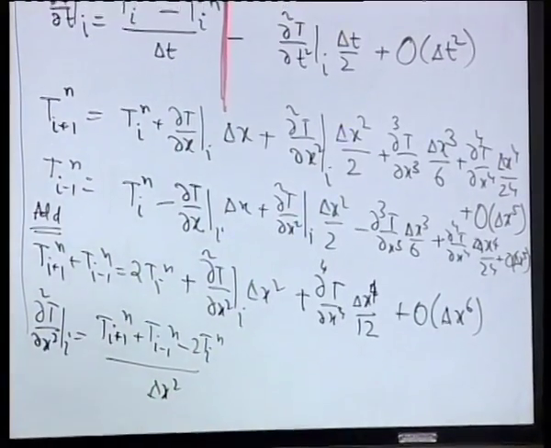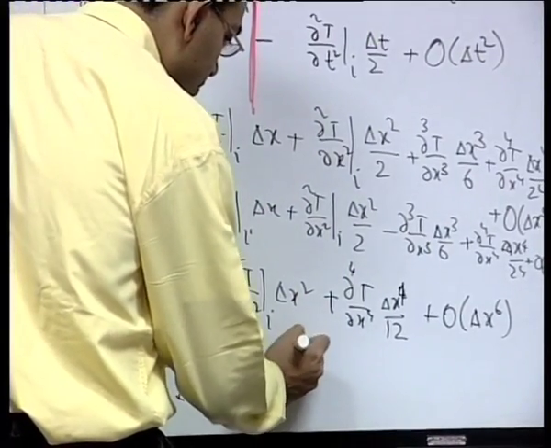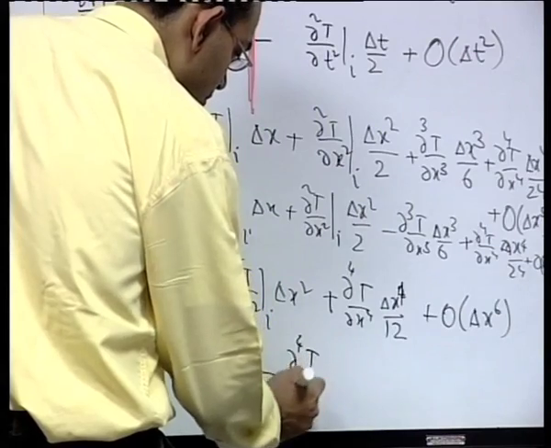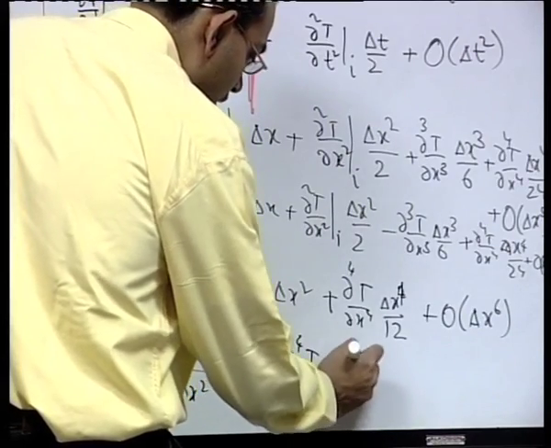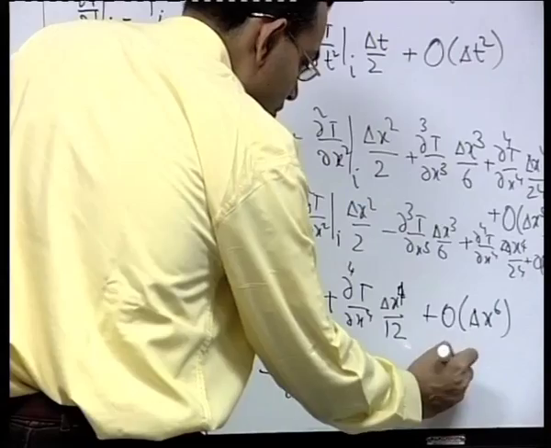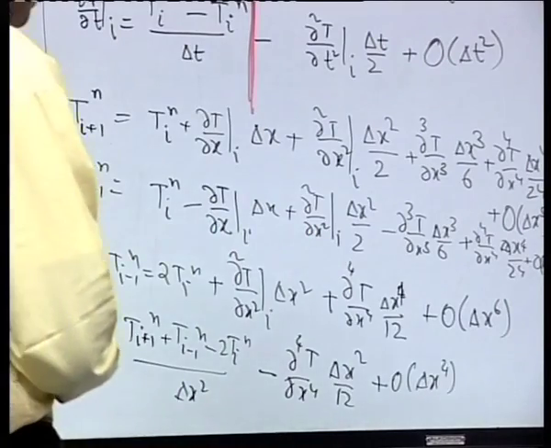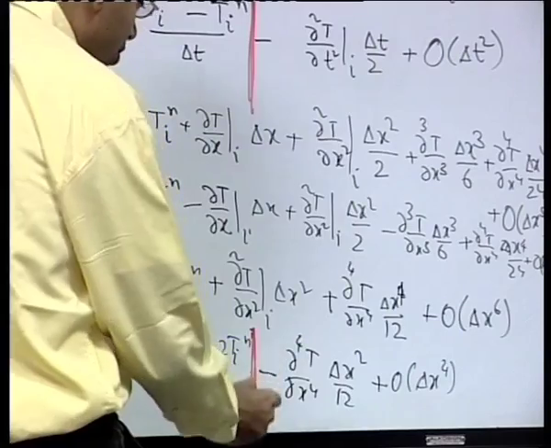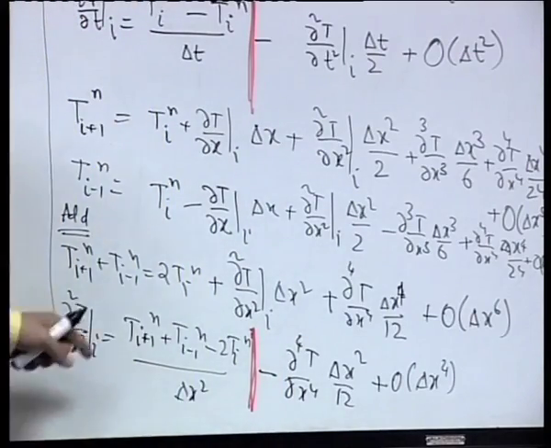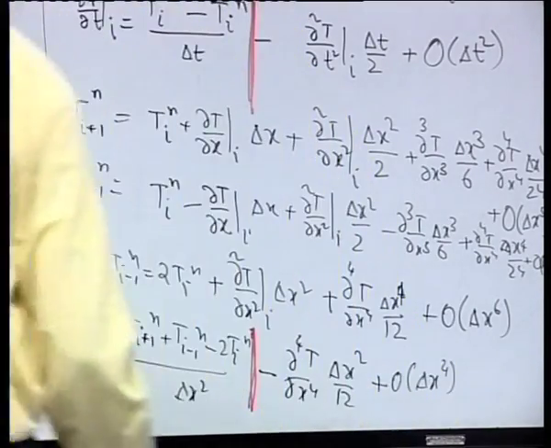By delta x square minus delta x square by 12 plus of the order of delta x 4. So, here also we will be truncating it up to this one, which is the central difference scheme for the second order spatial derivative.